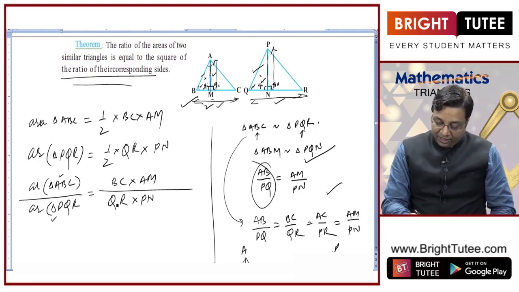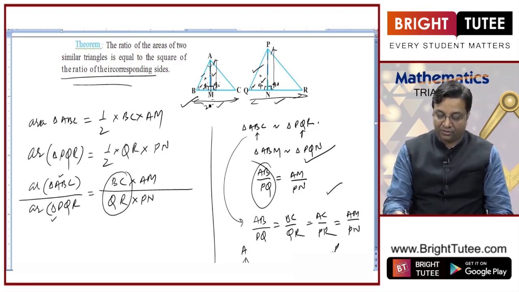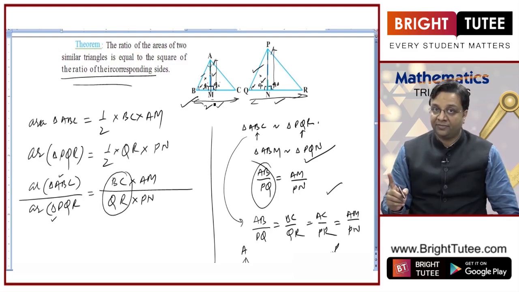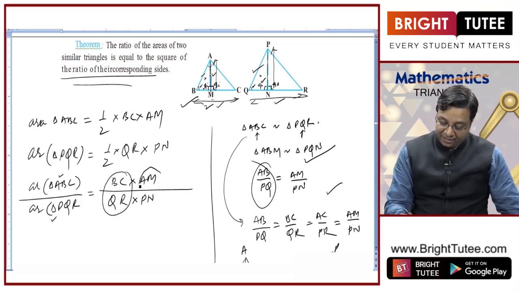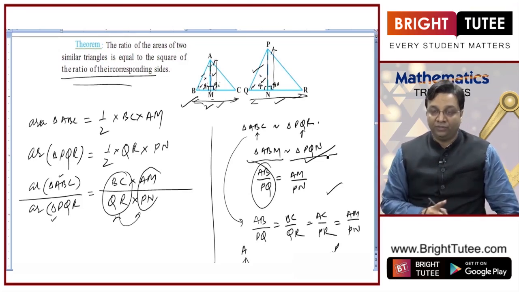What can you tell me about BC by QR? This is the ratio of sides of ABC and PQR, and AM by PN is the ratio of altitudes, and these ratios are equal because of the similarity of triangle ABM and triangle PQN. I have just proved it.